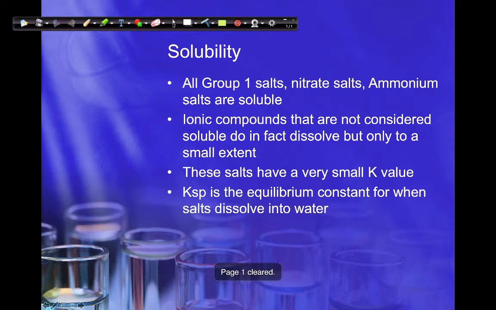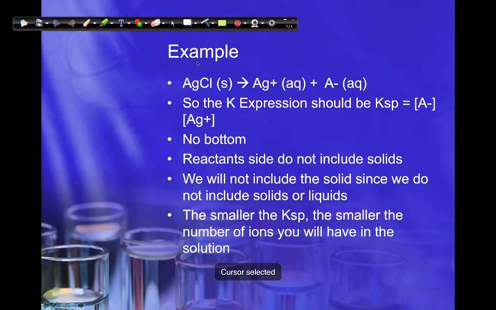But everything dissolves though. So if I have silver chloride and I dissolve it, I'm going to make my silver ion, and I'm also going to make my chloride ion. Well, K is the equilibrium constant. Ksp is the specific equilibrium constant. Anytime that we are looking at the equilibrium constant, remember that's the ratio of products to reactants.